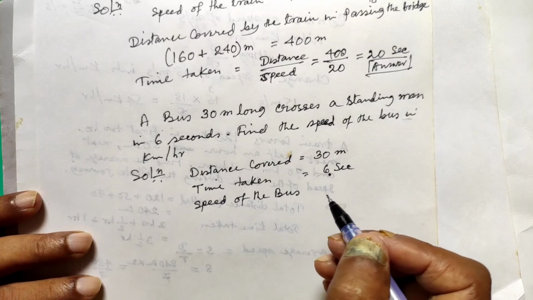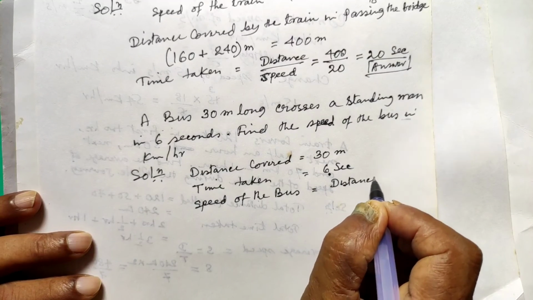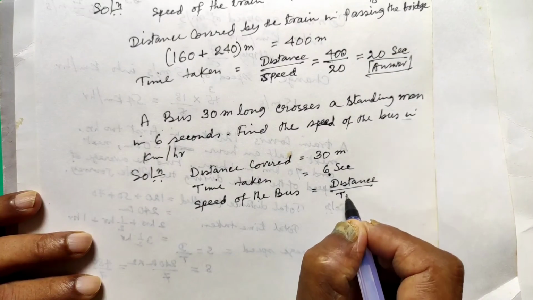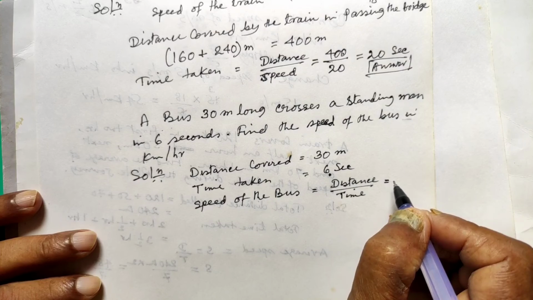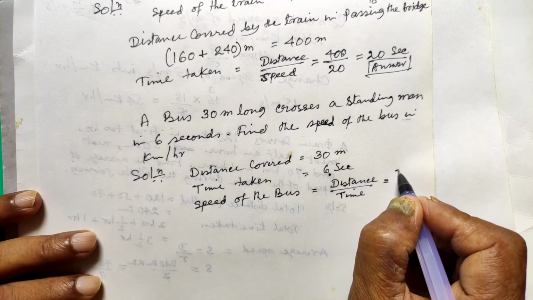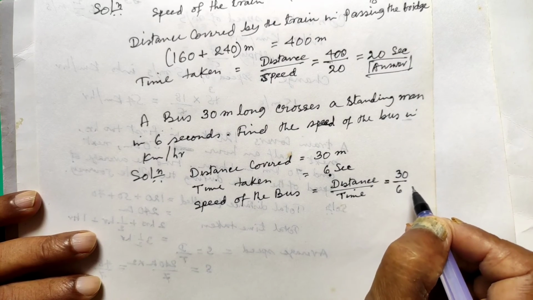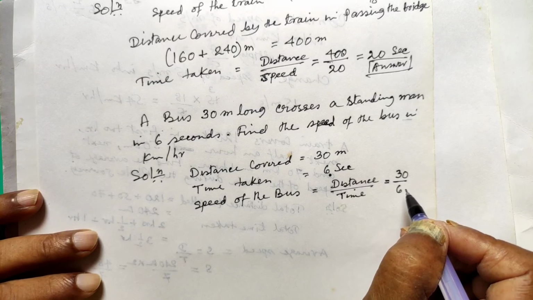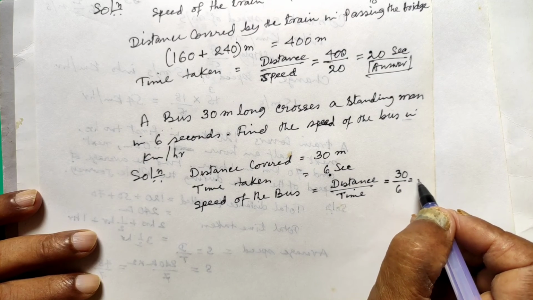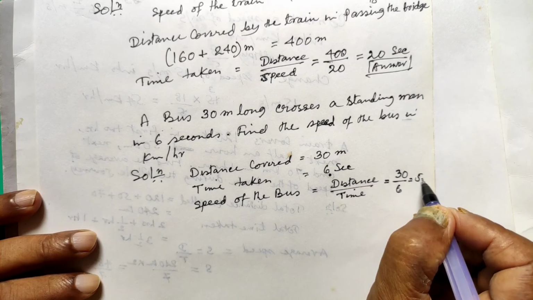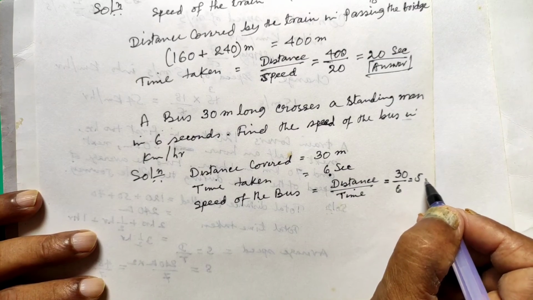So we will apply the formula, that is distance by time. So here our distance is 30 and time taken is 6. That means it becomes 5, okay? 5 meter per second. Remember it, okay?